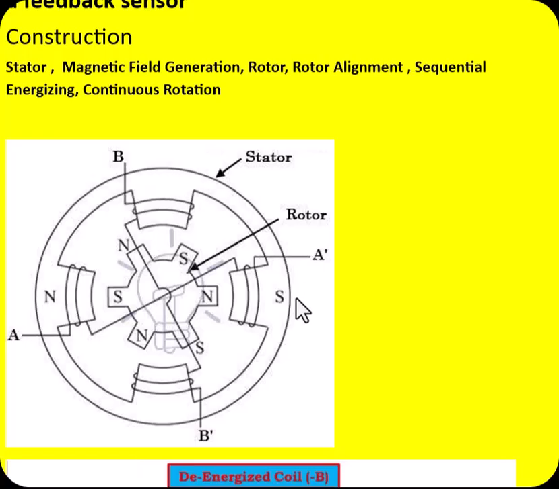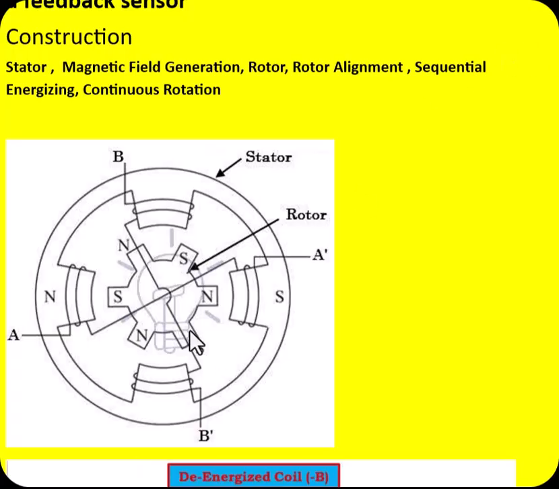This outer part is called the stator. These are the A, A dash, B, B dash, which belong to the stator windings. These windings are supplied by the AC supply in such a way that only one coil is excited at a time, or one phase is excited at a time.